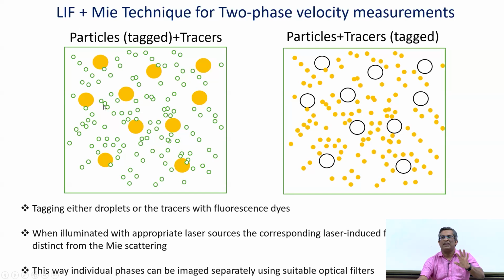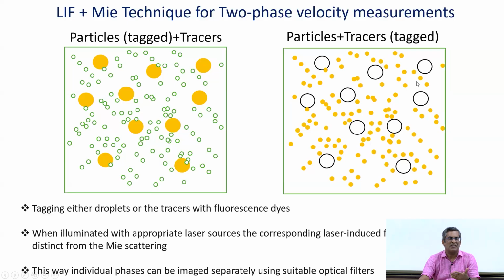Now if I keep a filter in front of my camera, then I won't be able to see the tracers because they do not have the dye. I will only see the dispersed particles. Similarly, I can tag some fluorescent dye to the tracers instead of the particles.